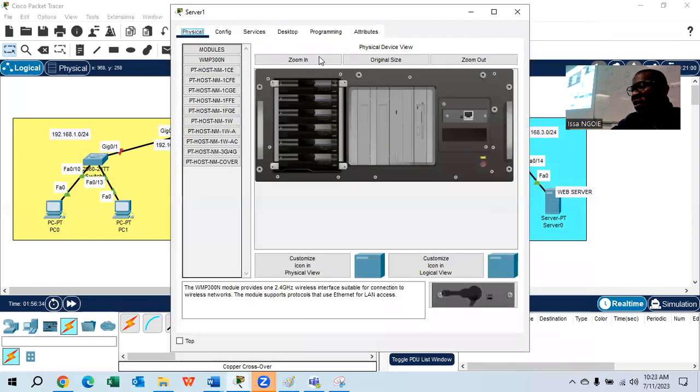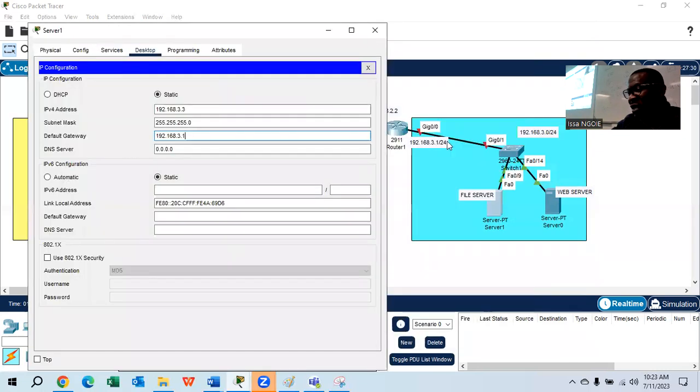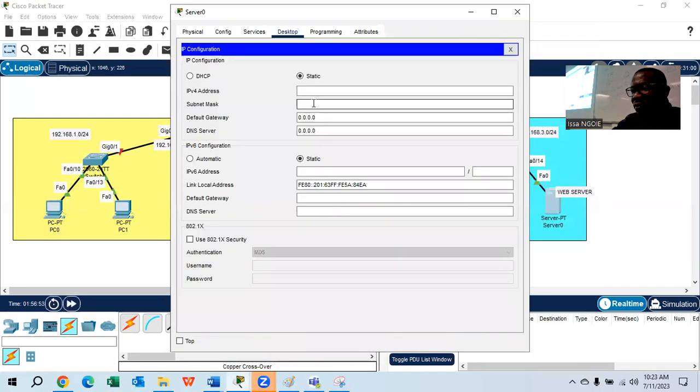No, we don't need it because I don't want to go further. 192.168.3.1, not .3. Remember, it's a default gateway. It's this IP here. This is the default gateway. .4 maybe.